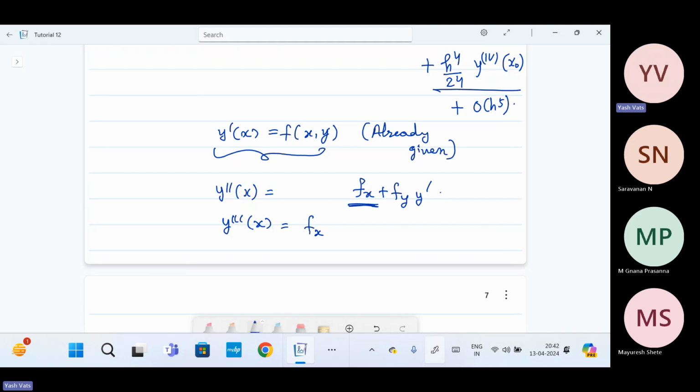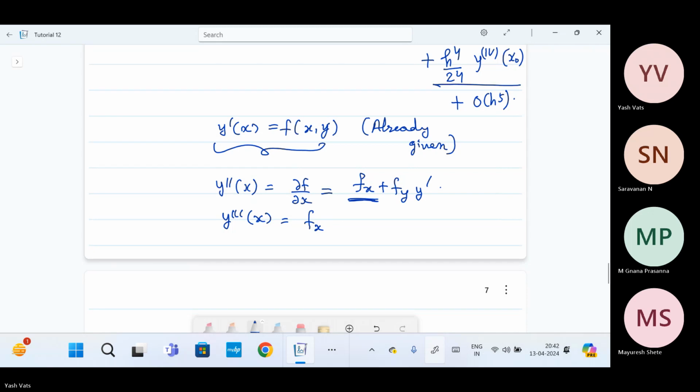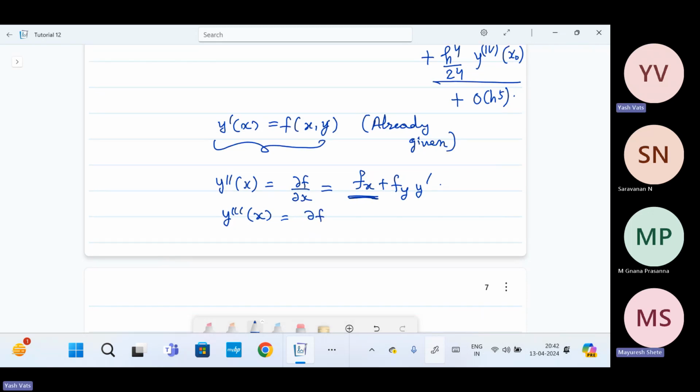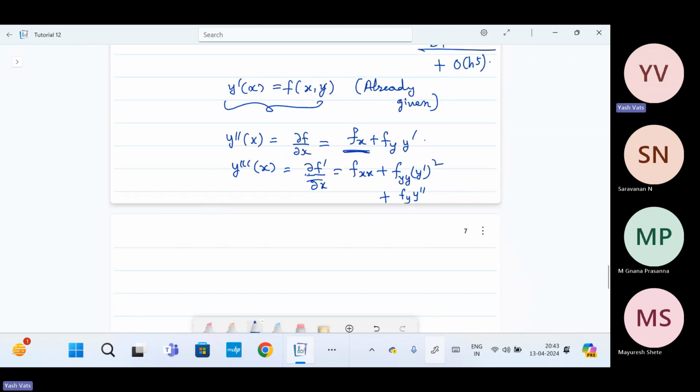So it is del f by del x. We get fxx plus fxy y prime plus fyy y prime square plus fy y double prime. Like this, we need to calculate y fourth of x.